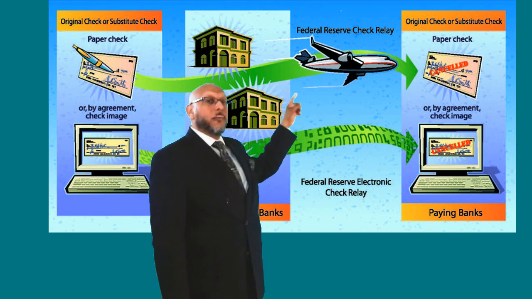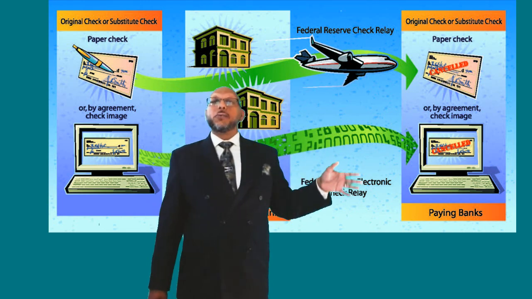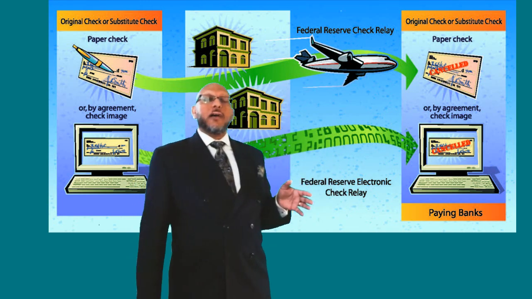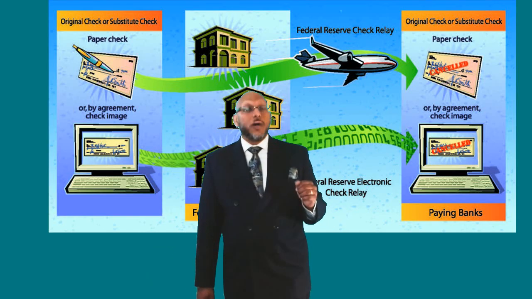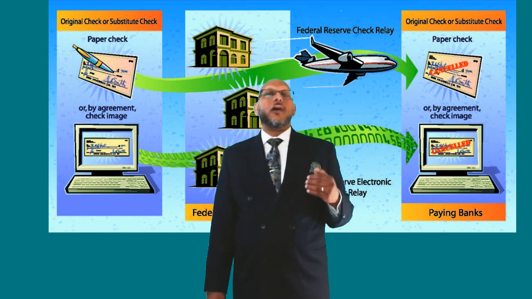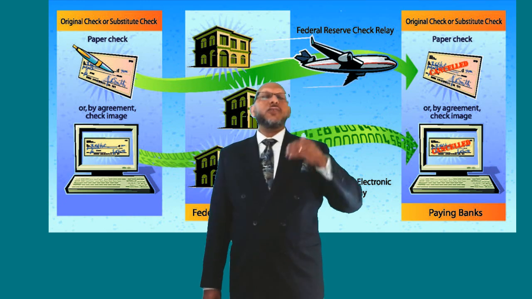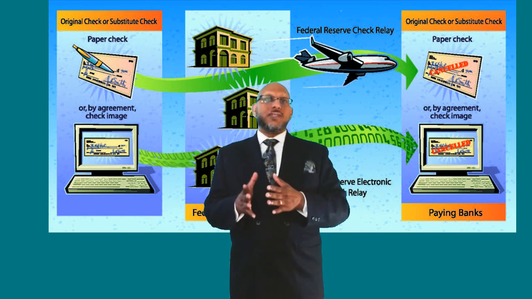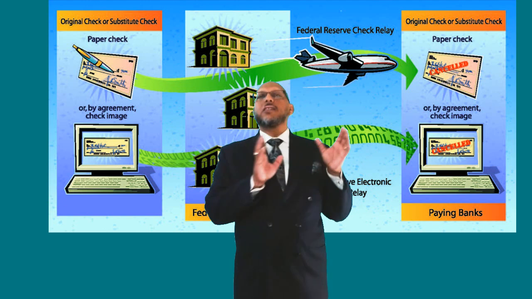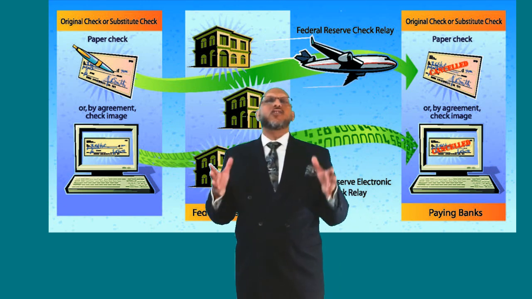And it used to take a week or more in the olden days before the policy called Check 21 went into effect. That Check 21 law went into effect, meaning that the banks no longer need to send a physical copy of that check to the Federal Reserve. They send an electronic copy.